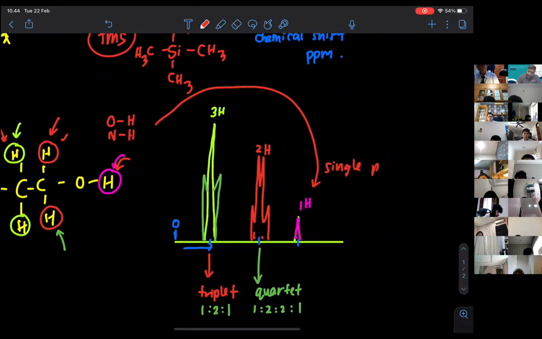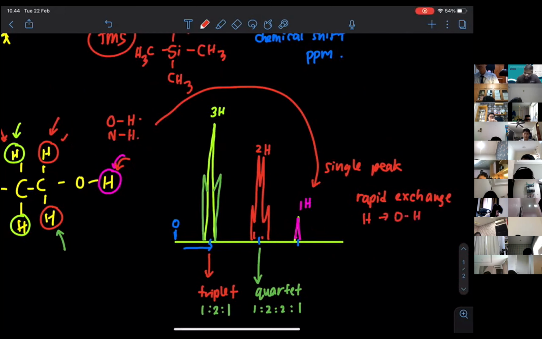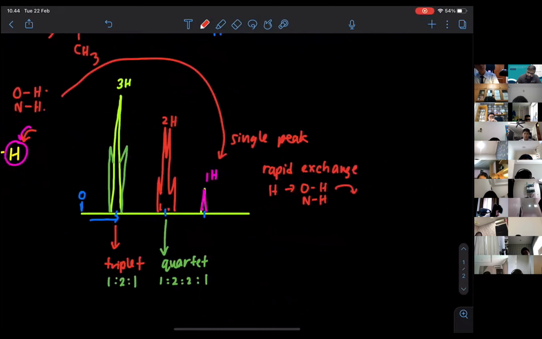Because there is no splitting, because rapid exchange happens between the hydrogen from the OH and the NH and the hydrogen from water. This hydrogen is going to be exchanged. Because of that, there is no splitting.